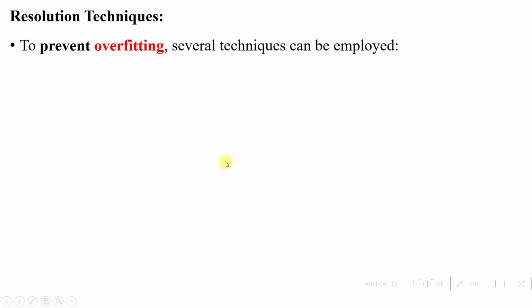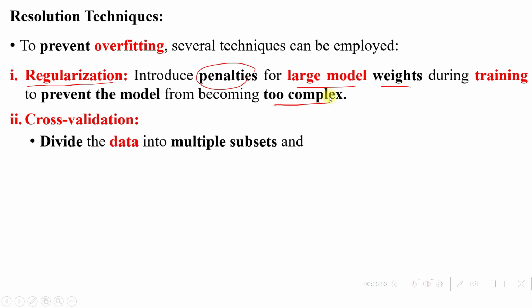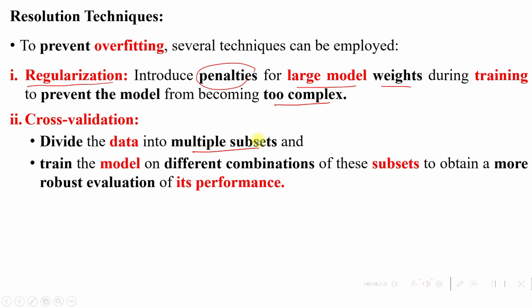To prevent overfitting, several techniques can be employed. The first technique is regularization: introduce penalties for large model weights during training to prevent the model from becoming too complex. Then cross validation: divide the data into multiple subsets and train the model on different combinations of these subsets to obtain a more robust evaluation of its performance.